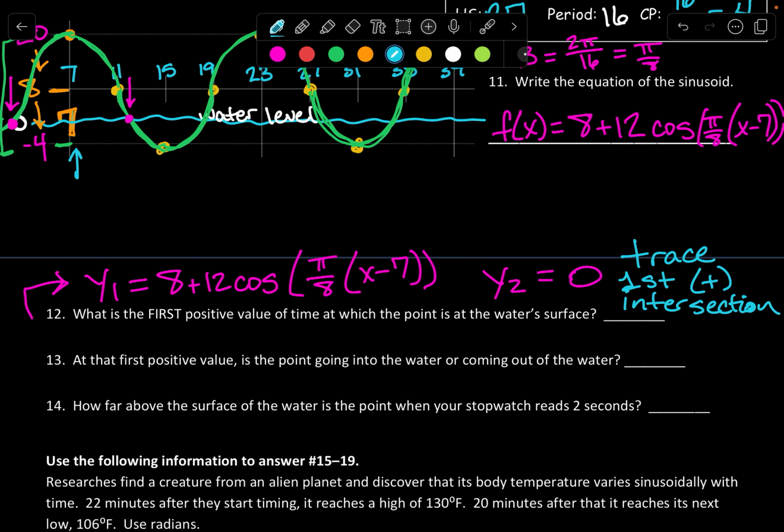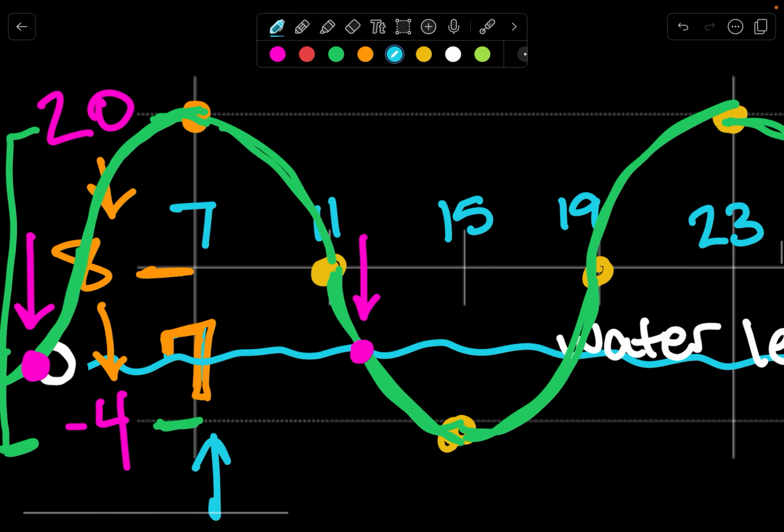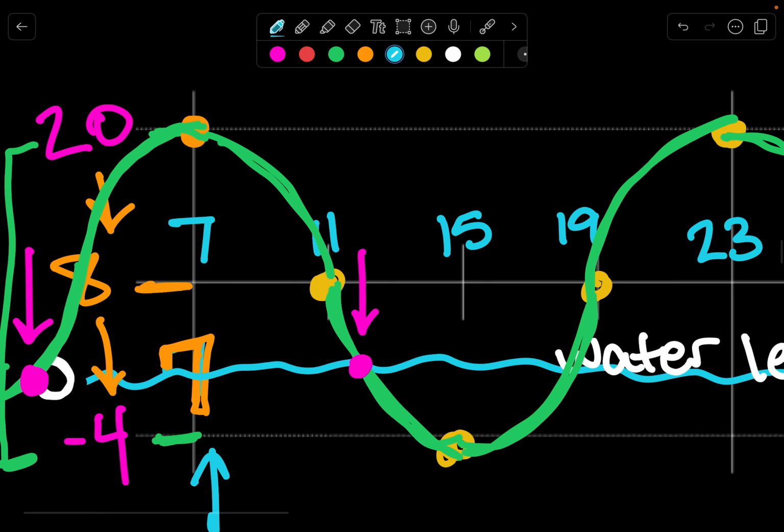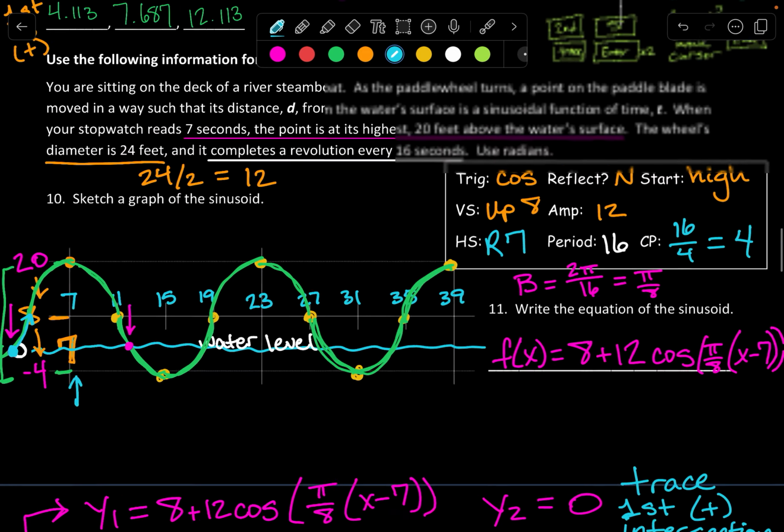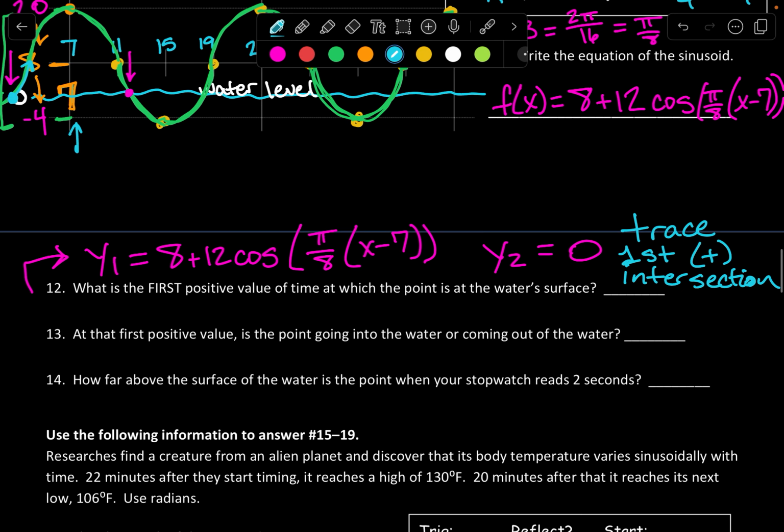It says that first positive value is the point going into the water or coming out of the water. And if you go back to our graph here, if we look at this point, our graph is on the way up, which means that point on my wheel is traveling up and out of the water.